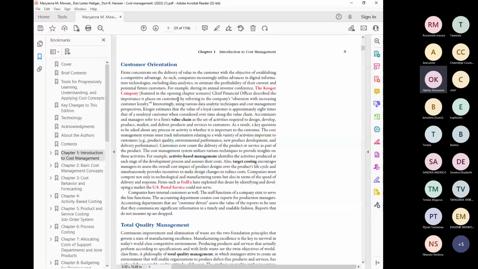Then customer orientation. Customers need new things. That's what we're supposed to understand. So you should continuously improve the value or quality of the product, so that your customers will continue enjoying your products. But if you don't want to move with time, if you don't want to move with digital technology, it becomes a very big problem.